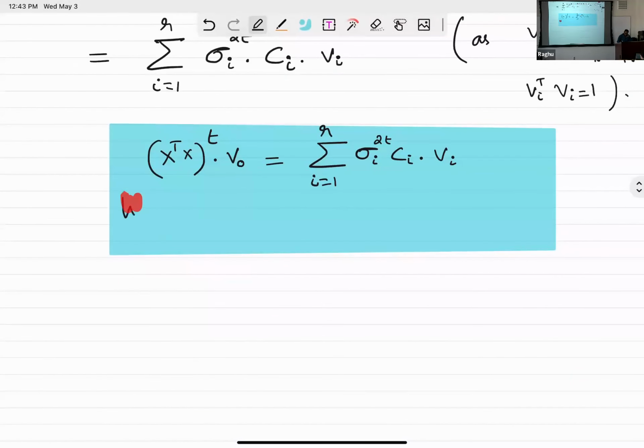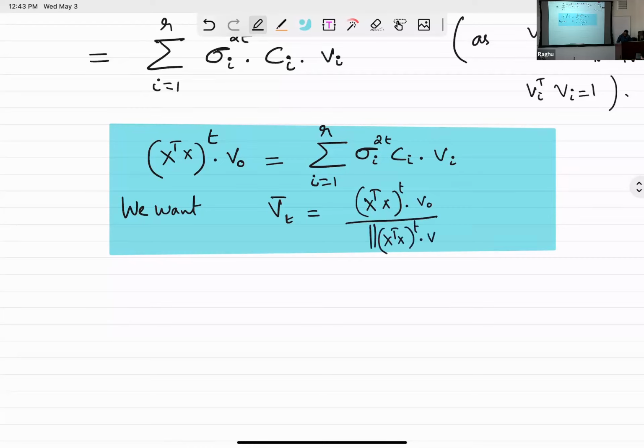So we want this vector we are looking at, and we want to see how close it is to V1, right?